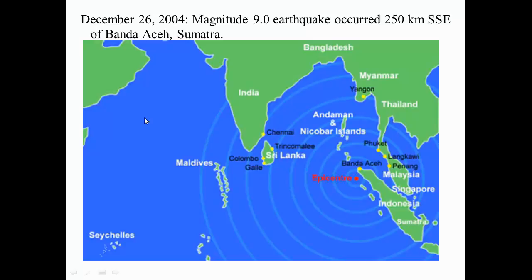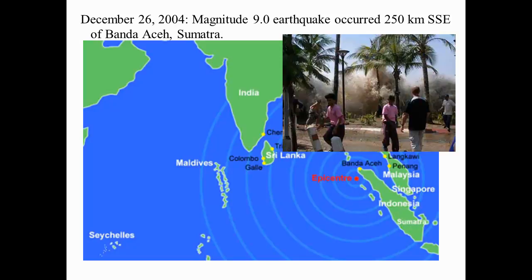So this map shows the epicenter of that December 26, 2004 earthquake that occurred just off the coast of northwestern Sumatra. This earthquake was associated with a major convergent plate boundary occurring just to the west of Indonesia.